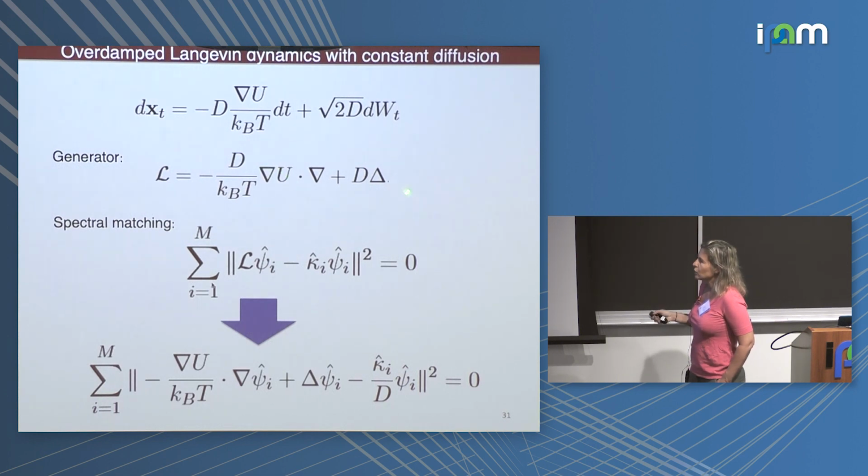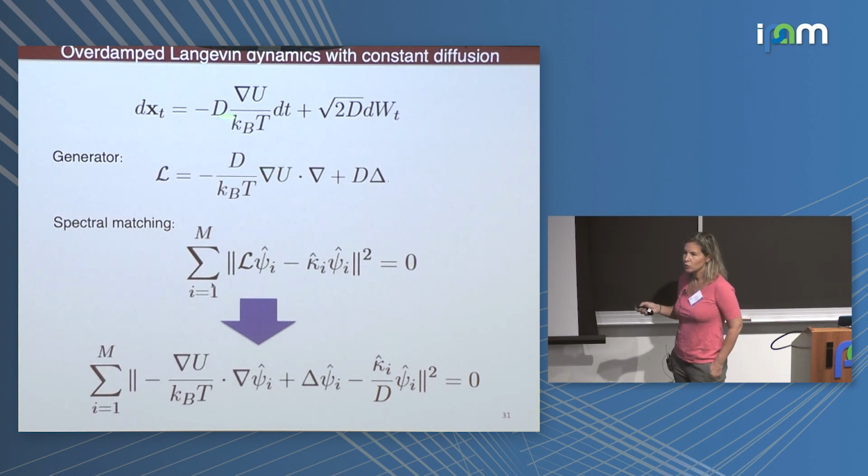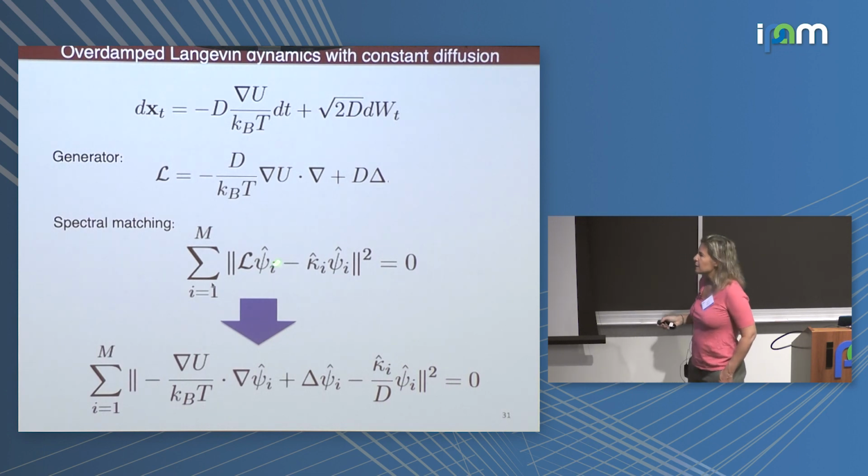So we want the eigenfunctions of this operator to be the same in the original system and in the coarse-grained system. So we can design a loss function to enforce that, because we know the generator. Now the potential enters the generator, so in the loss function, again, the potential is what we are optimizing.